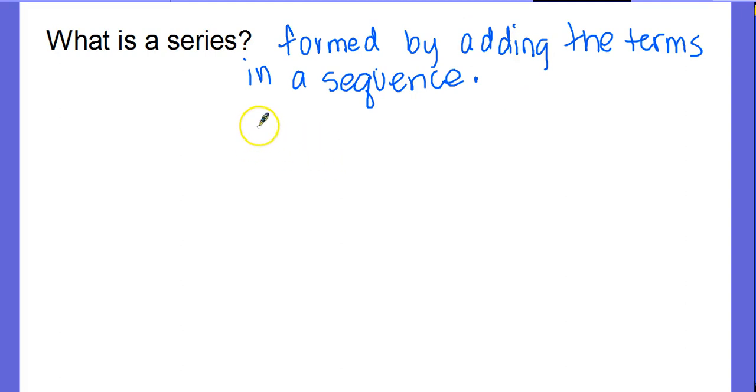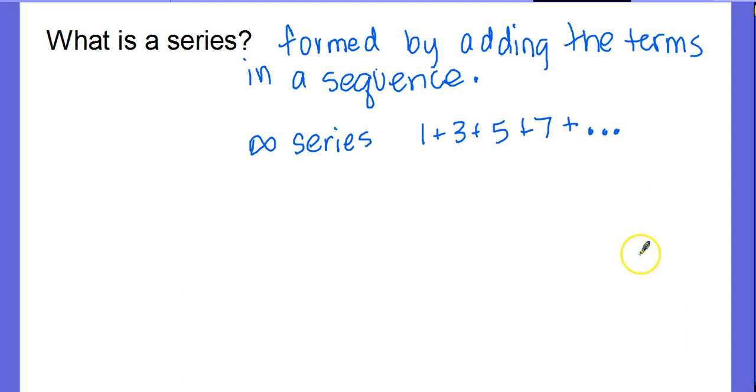So for example, we could have an infinite series. I'm going to use an infinity sign. An infinite series could be 1 plus 3 plus 5 plus 7 plus, on to infinity. Same pattern, different symbol between them.